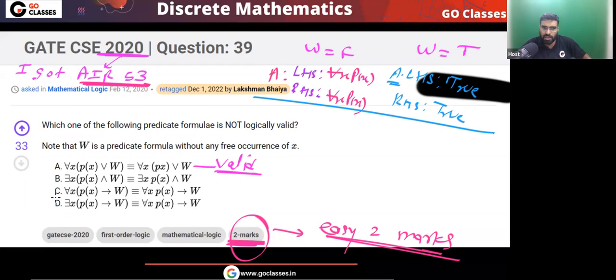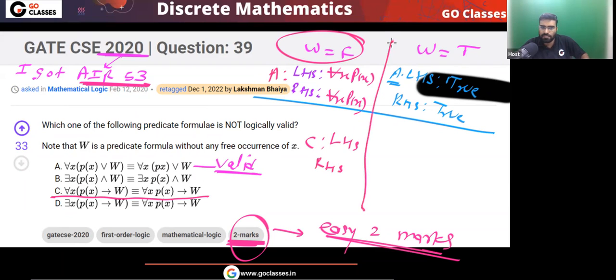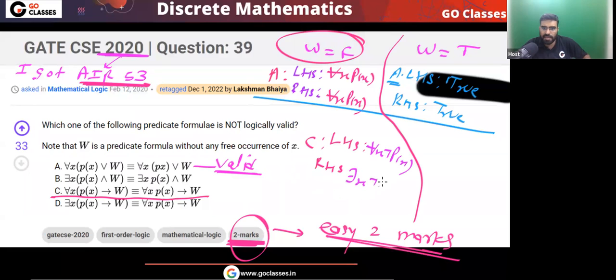Similarly, you can do all the remaining. For example, option C. Tell me, when W is false, what is LHS? What is RHS? If W is false, LHS is for all x negation px, and RHS is there exists x negation px.